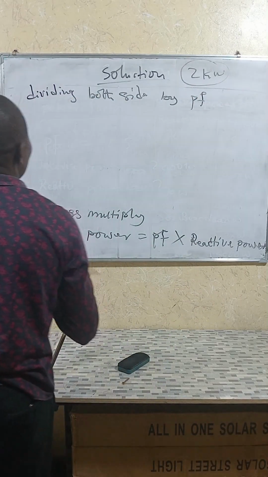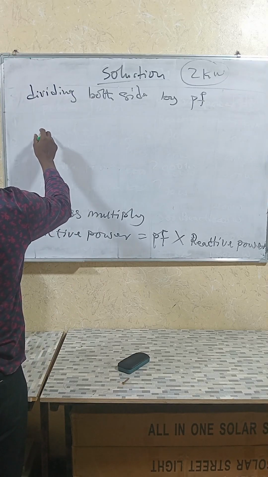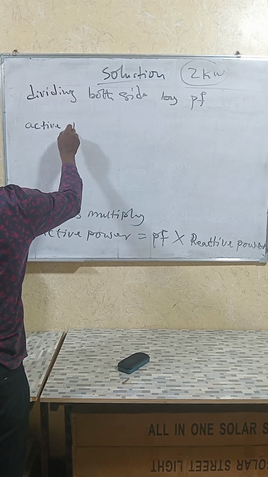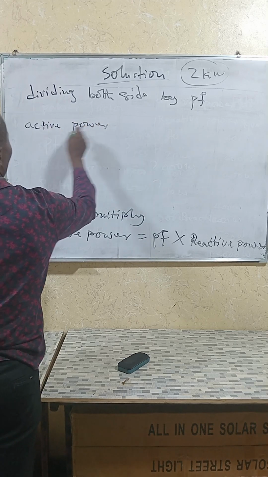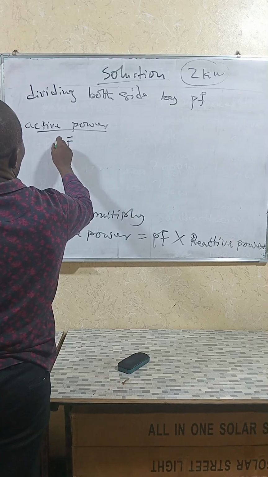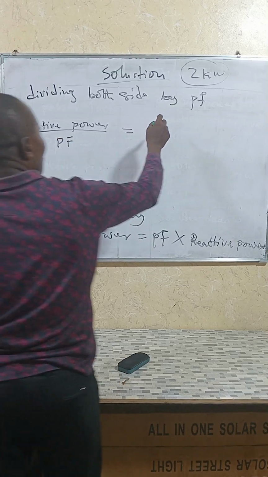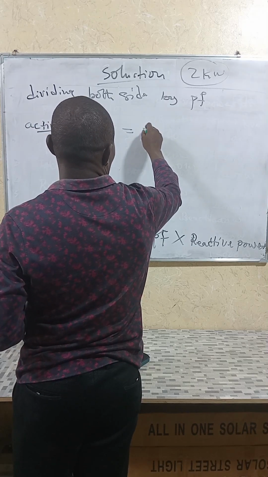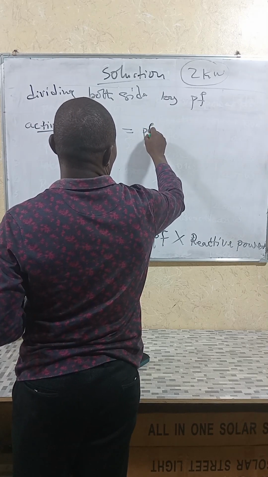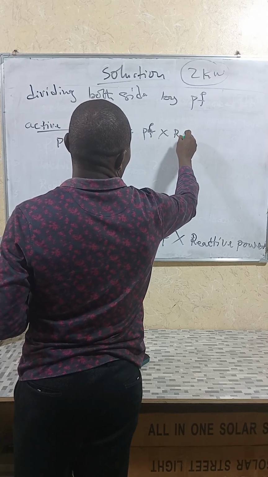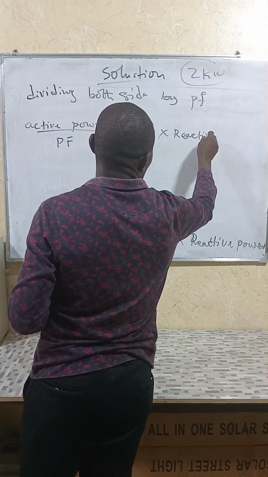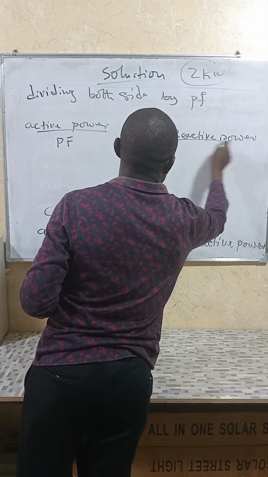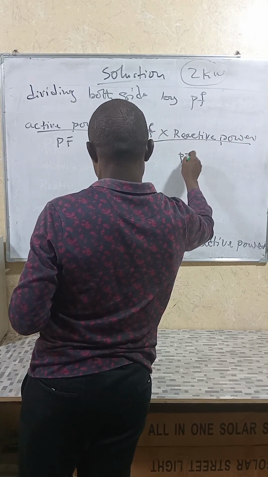If you divide both sides by power factor, you have active power divided by power factor is equal to power factor times reactive power over power factor.